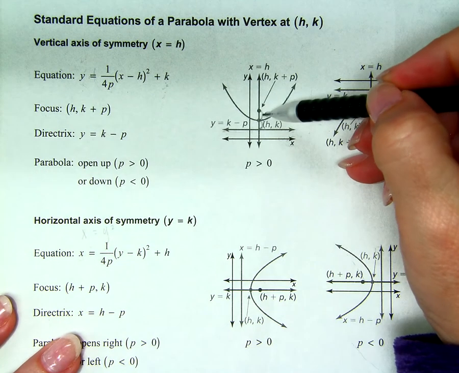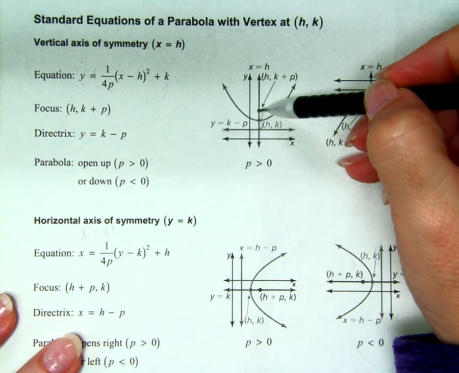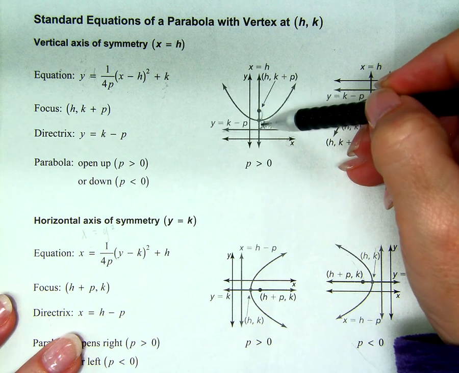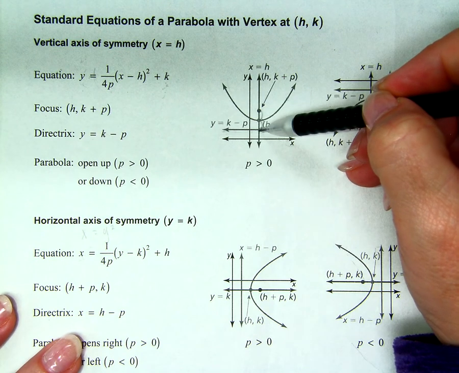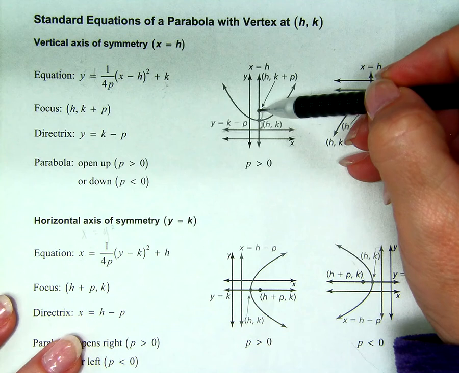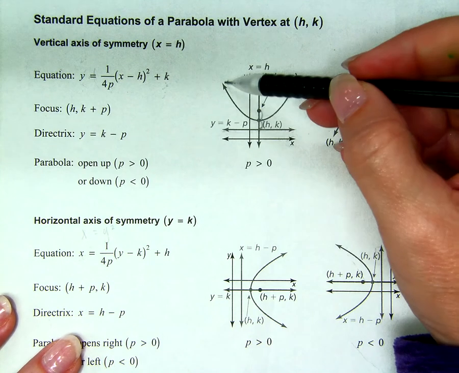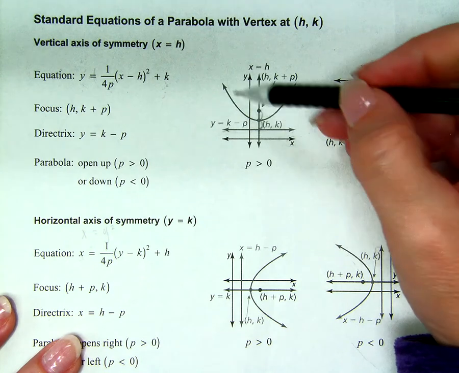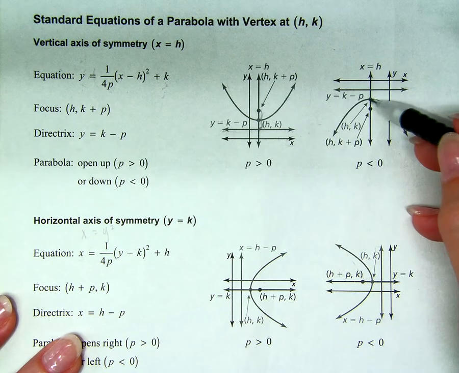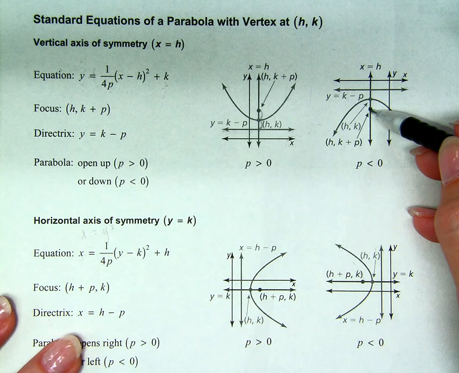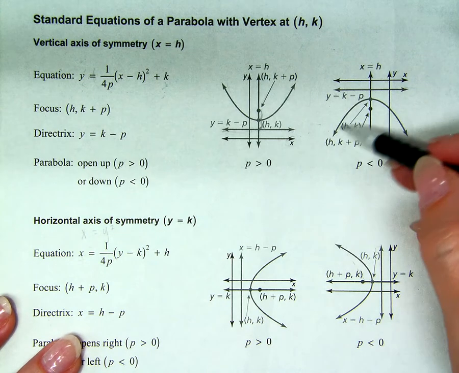From the vertex to the focus is what? P. From the vertex to the directrix is what? P. The focus is where in relation to the parabola? Don't think of it above so much, because here it's below, right? The focus is below, but where is it in relation to the parabola?